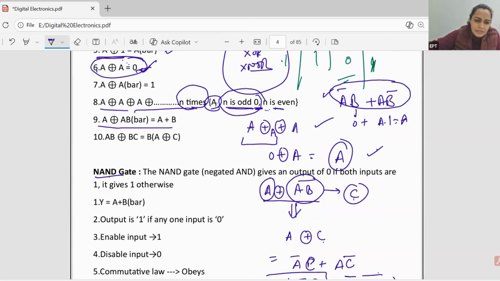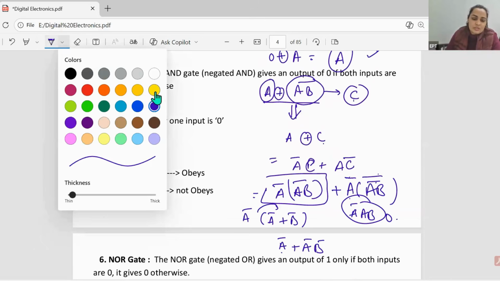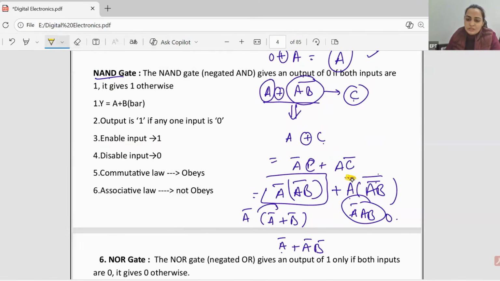Oh sorry students, here we have a, that's why we are getting this. Okay, this is a, this is not 0. So let's multiply. This is going to be a into ab, so this is going to be ab only. The second term is ab.